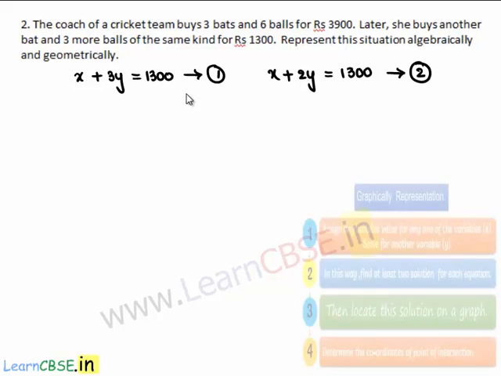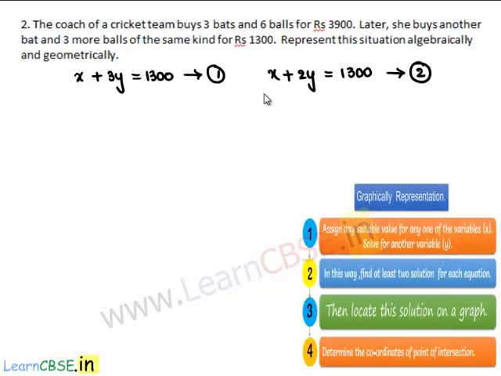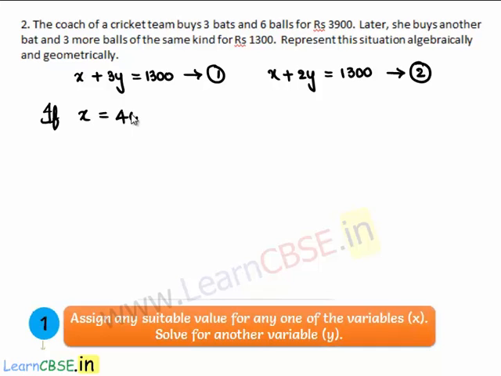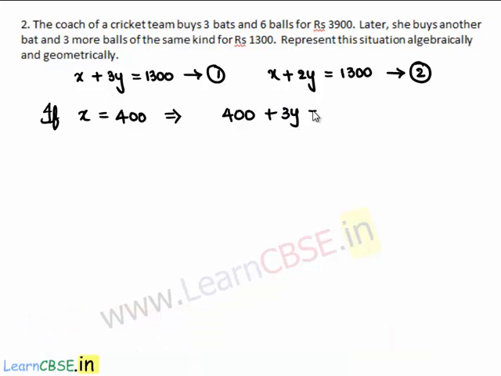In order to represent these two equations graphically, let us find two solutions for each of these equations. So the first equation is x plus 3y is equal to 1,300. So if x is equal to 400, that implies 400 plus 3y is equal to 1,300.